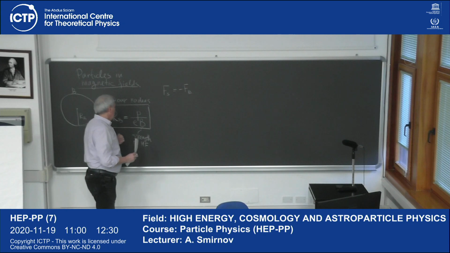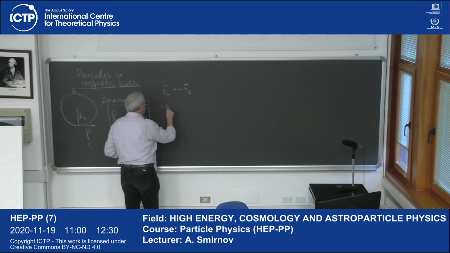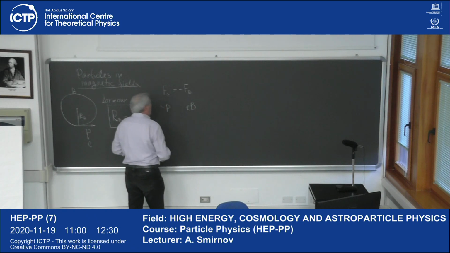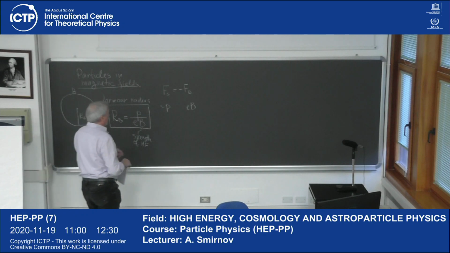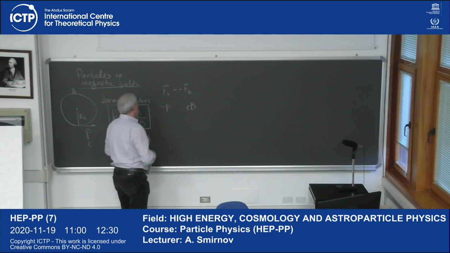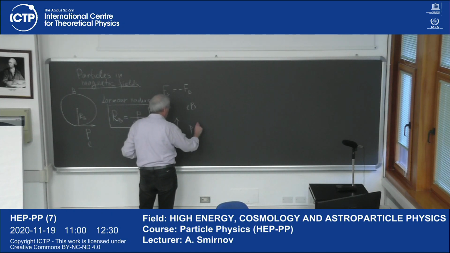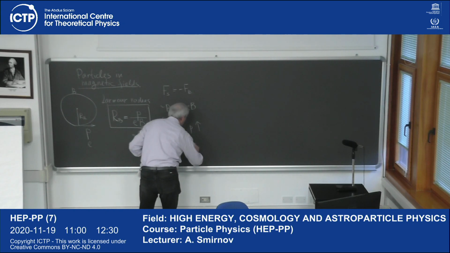So centrifugal force is proportional to p, and this one is proportional to e and B. This tends to decrease the radius, this increases the radius. So R_B, again let me repeat, it increases if p increases, and R_B decreases if B and e increase.